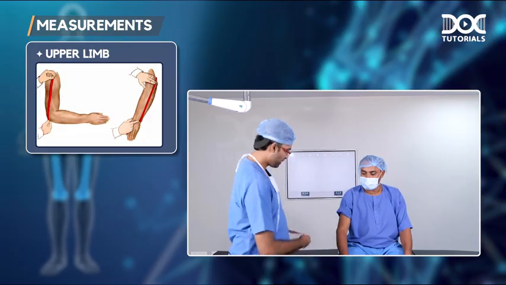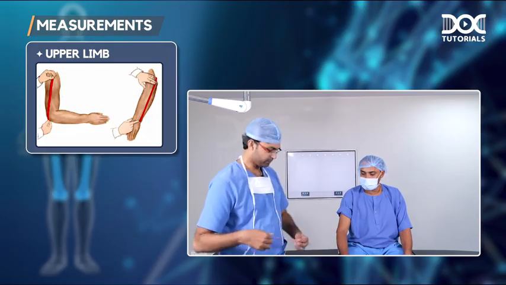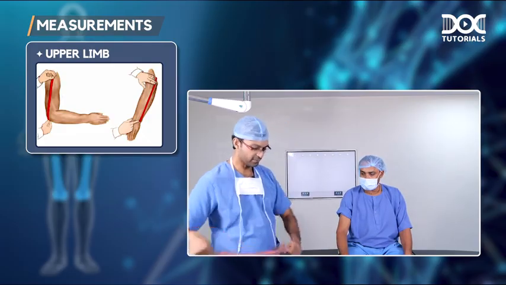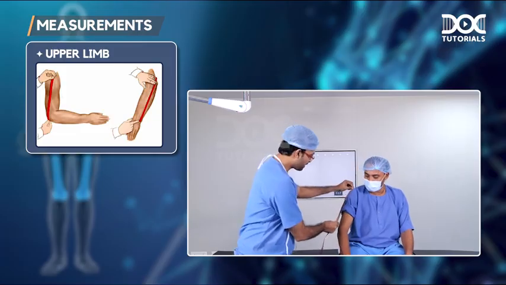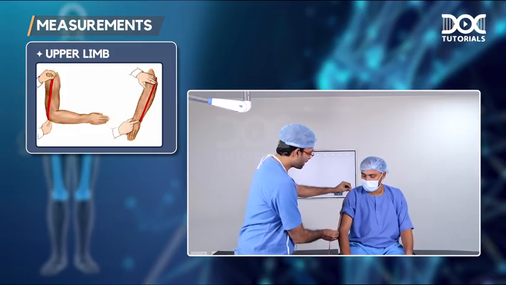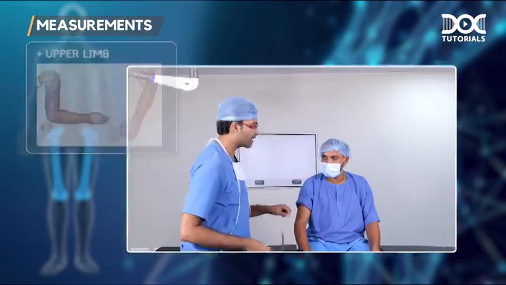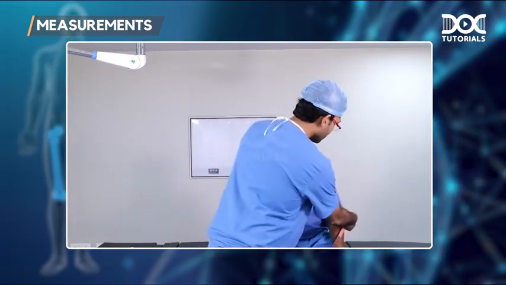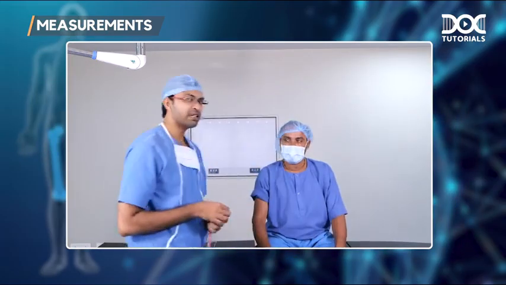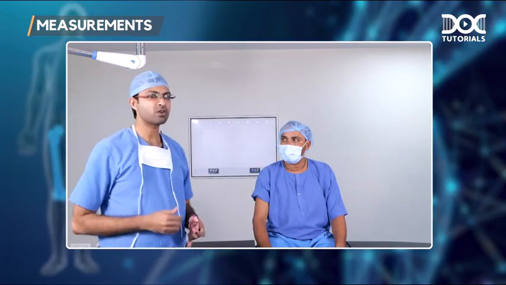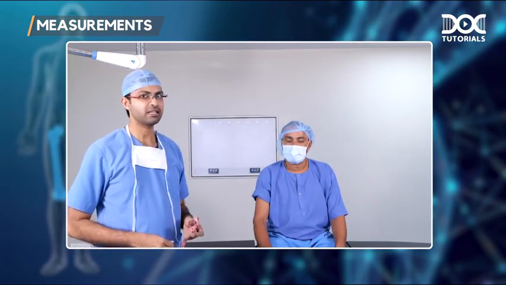Okay. So what you can do is that you can take your tape measure and you start measuring from the lateral epicondyle till the angle of acromion like this, and you can compare it with the opposite side whether it is same or not. So always check whether there is lengthening or shortening or some other abnormalities like that.